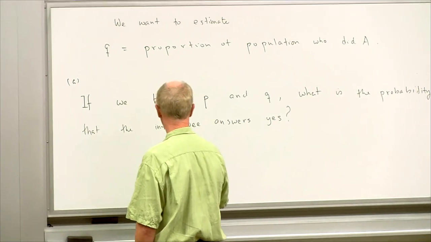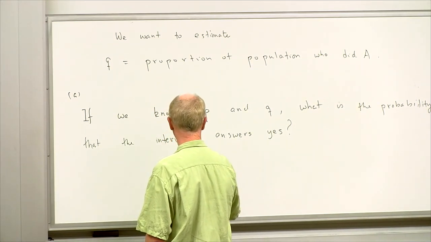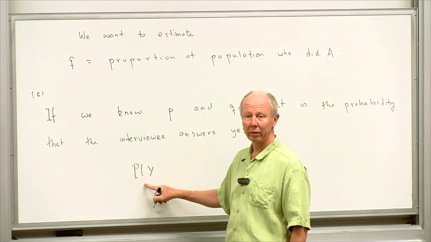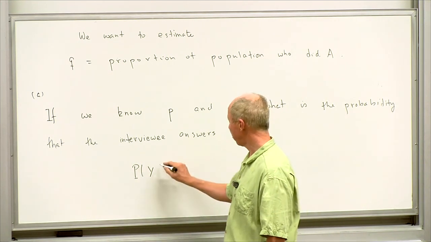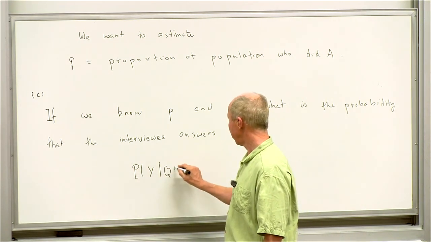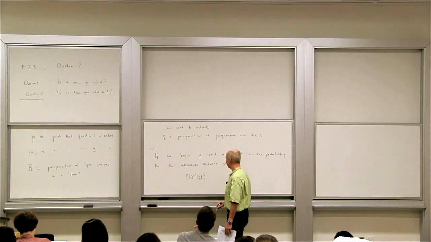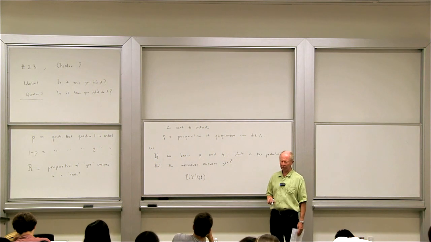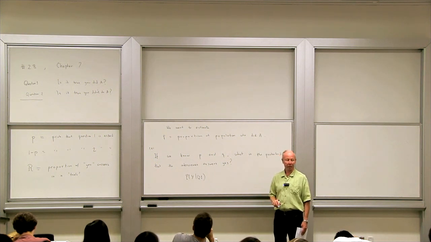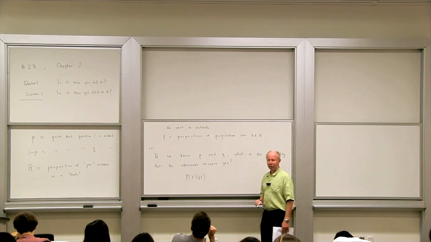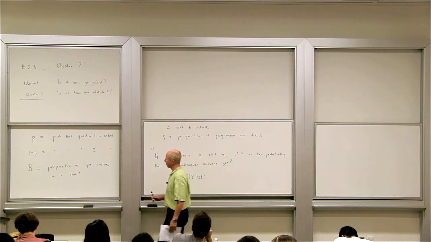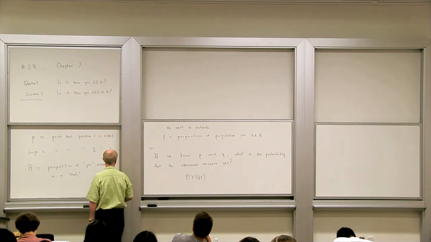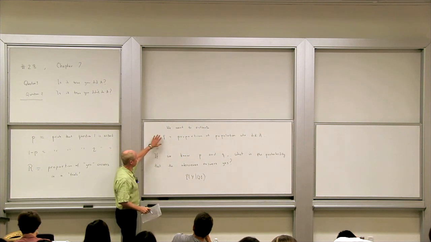Well, what's the probability of a yes? I'll use Y to indicate the event that the interviewee answers yes. What's the probability of yes given question 1 is the one the interviewee is answering? So the question is, did you do A, or do you have property A? What proportion of the population has property A?